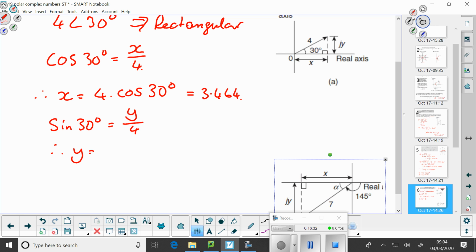Therefore, y is equal to 4 sine 30 degrees equals, and again, four significant figures, please. 2. All right, so this one is therefore in rectangular form 3.464 plus 2j.